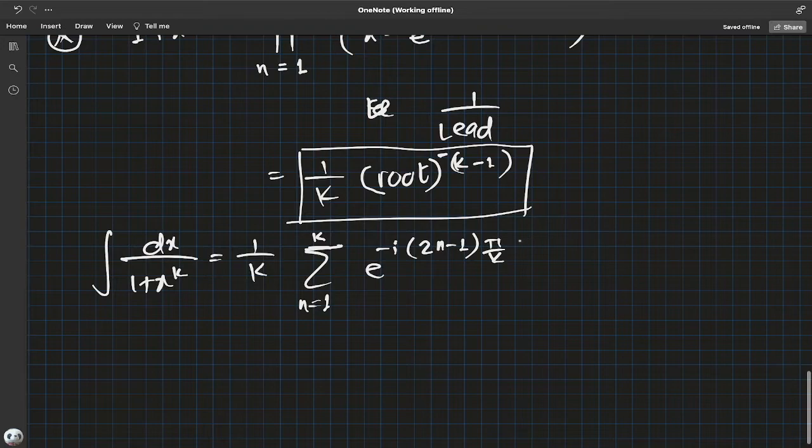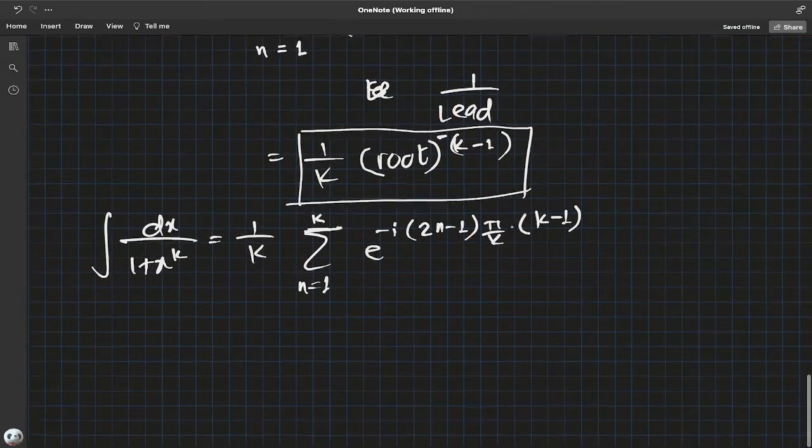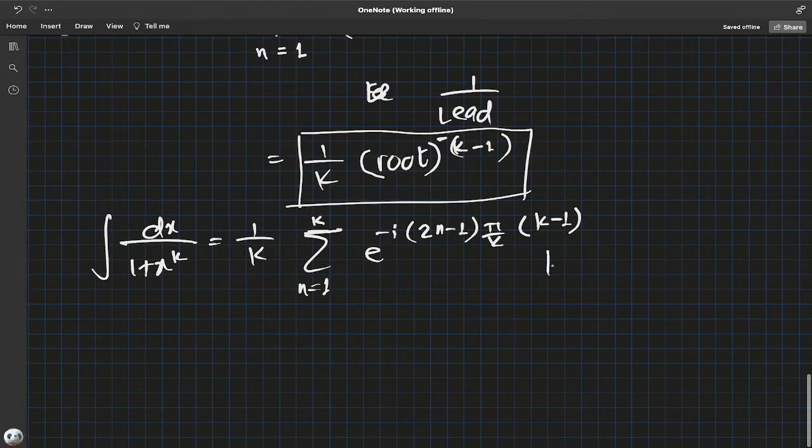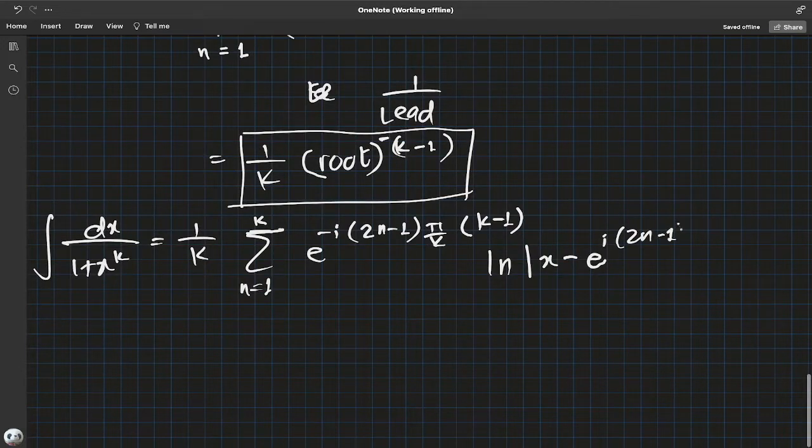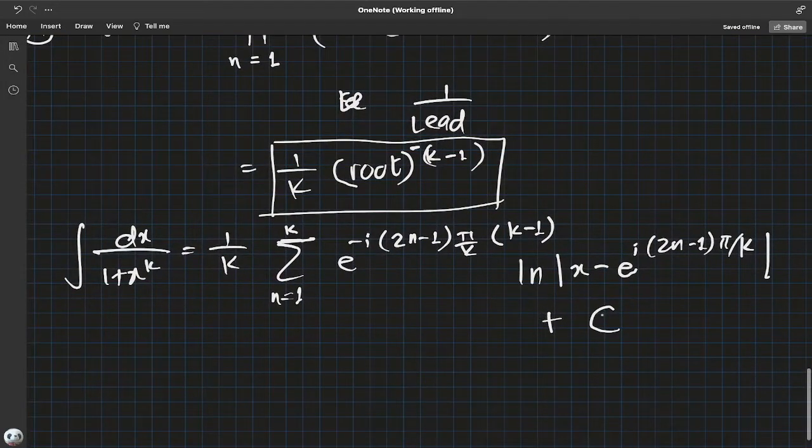That's your root, raised to k minus 1. That's like multiplying in the power with the k minus 1, according to this algorithm. And then don't forget the natural log of x minus that corresponding root, so e to the I, 2n minus 1 pi over k. This is a really compact form, and of course the constant of integration c. This is the most compact form.